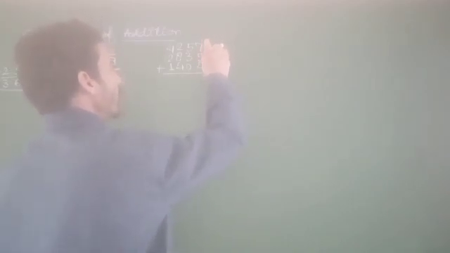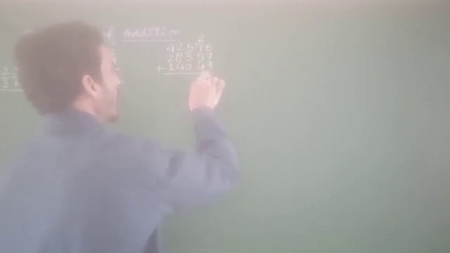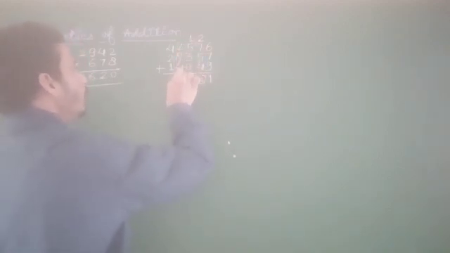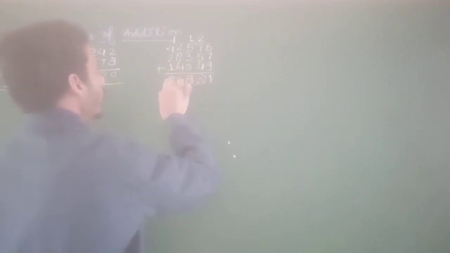Adding 6 and 7 is 13 ones, 13 and 9 is 22 ones, 2 carry. 7 and 9 is 16, 5 is 21, 4 is 25 tens, and 1 carry over to the hundreds column. 5 and 1 is 6, 6 and 3 is 9, 4 and 1 carry over to the 10,000 column.